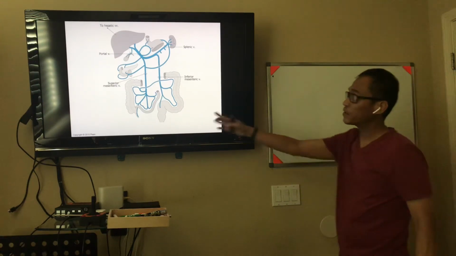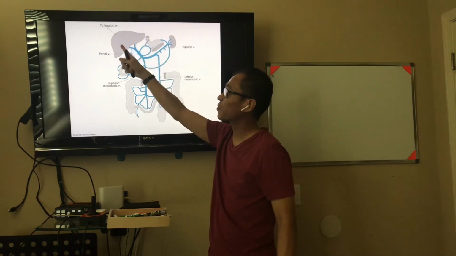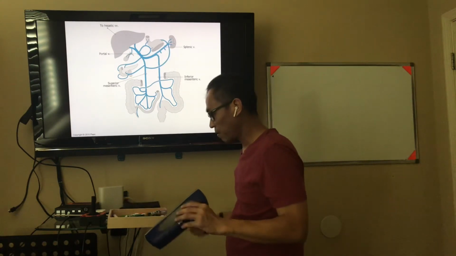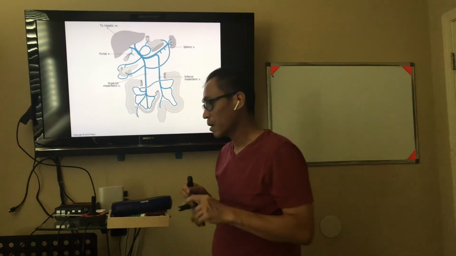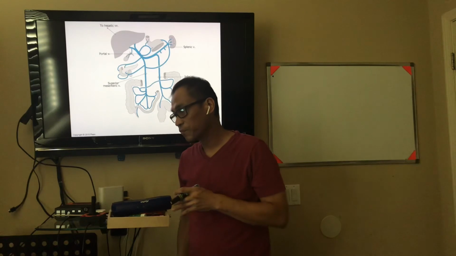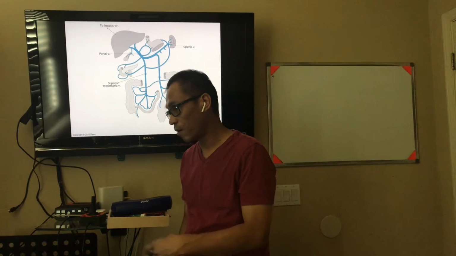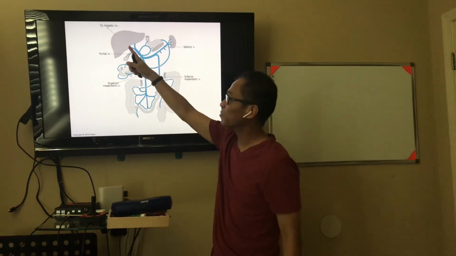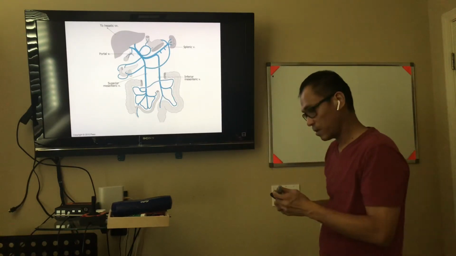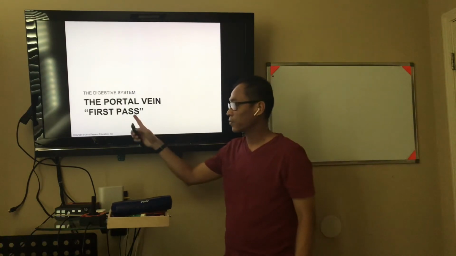All the blood from all this, from spleen, large and small intestine, all the blood goes to the liver first before it goes back to inferior vena cava, heart. And so that's why this is called first pass.